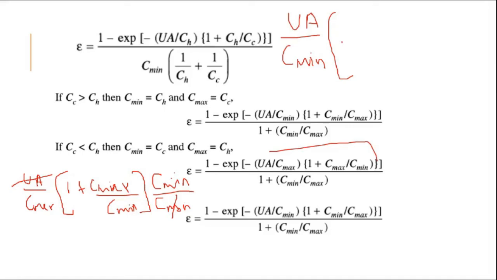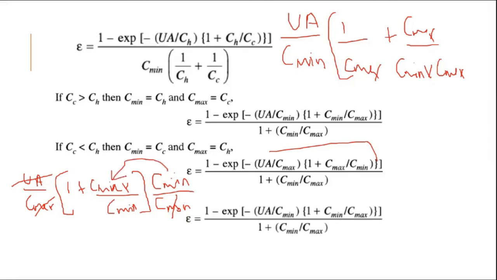So this becomes 1 divided by Cmax plus Cmax divided by Cmin was already there, and this Cmax also came inside the bracket on the denominator side. So this Cmax is also covered. We are left with the Cmin term. Take this Cmin term also inside. So what we get? 1 multiplied by Cmin. Here also Cmax multiplied by Cmin. Can we write like this?